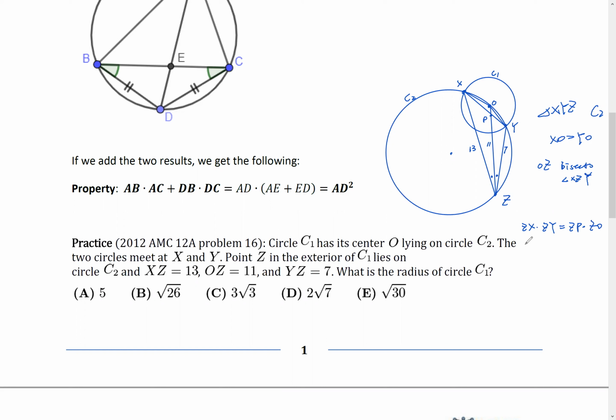So this is 13 times 7 equals ZP, which I don't know, times ZO, which is 11. ZP equals 91 divided by 11. If ZP is known, then OP is known, no? OP is 11 minus that, so it's 30 over 11.